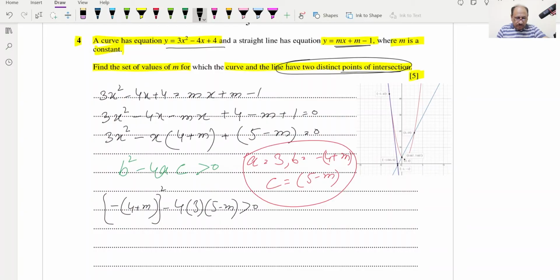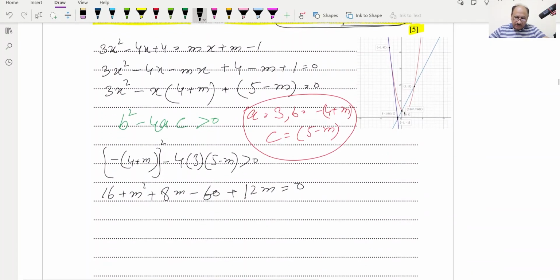If we solve this, we open the brackets: 16 + m² + 2 into ab, so 2 into 4 is 8m, and minus 4 into 3 is 12, 12 into 5 is 60, so −60, and plus 12m. We can write it equal to 0 and solve it, then check the sign.